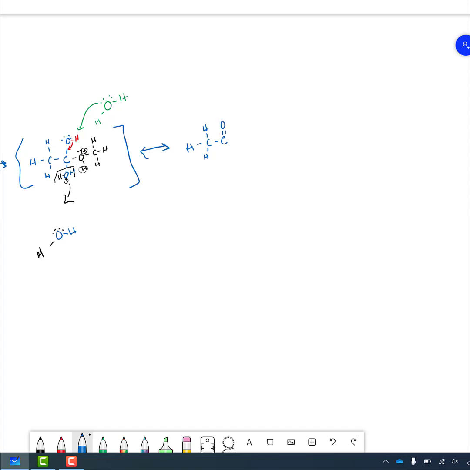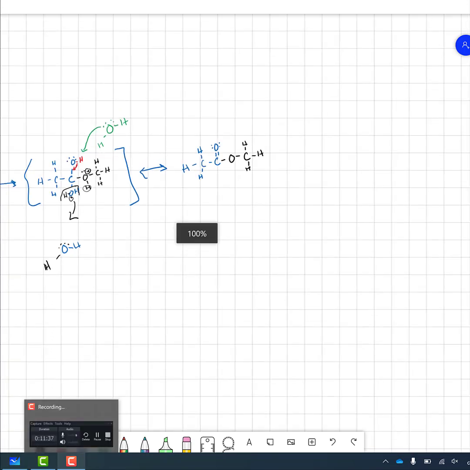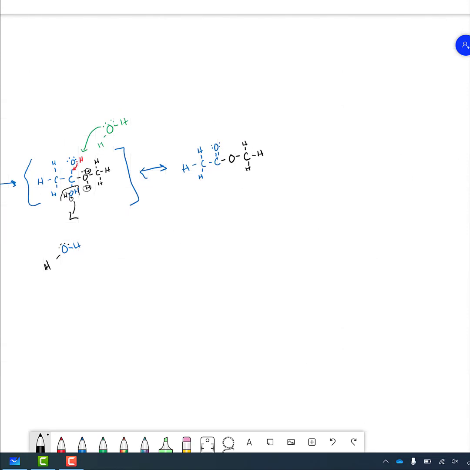We've now got a double bond oxygen. And the hydrogen that was on our alcohol oxygen has left with that water. So we did a hydrogen rearrangement. So loss of a proton and expulsion of water regenerates our acid catalyst and gives our ester.